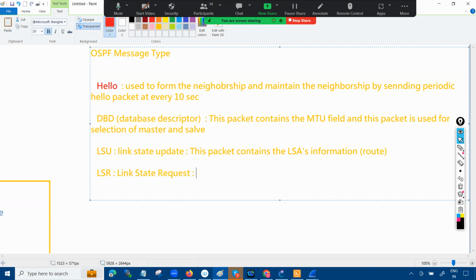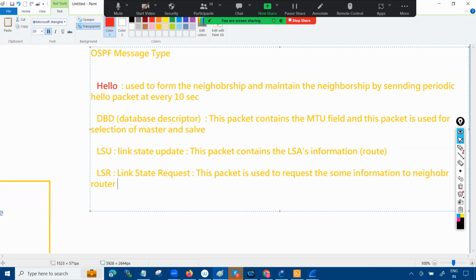This packet is used to request some information from the neighbor router. And then last we have the link state acknowledgement packet, ACK packet. It's a receipt of the LSU packet.